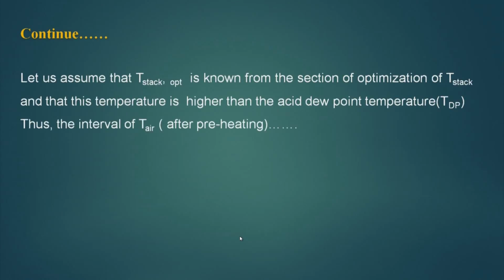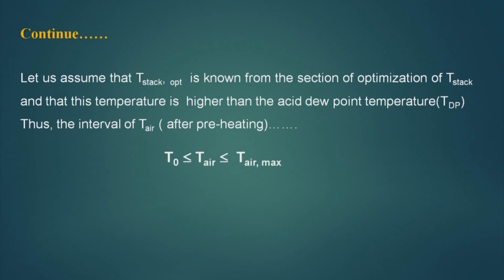So, how will this be done? Let us assume that the T stack optimum is known from the section on optimization of T stack. We have already shown how the stack temperature can be optimized. After we do the optimization of stack temperature, we know the T stack optimum value, and if this temperature is higher than the acid dew point TDP, then there is a chance of heating the air by the stack gases coming from the stack.